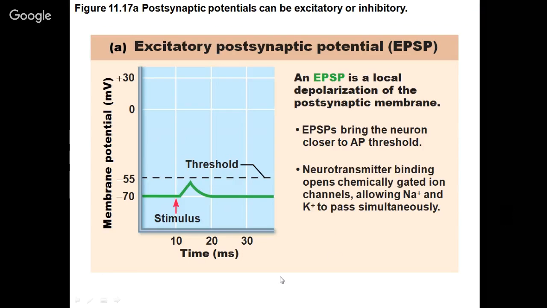Here it is being shown in a graph. Here is the time, the membrane potential in millivolts, and this is the stimulus, and this is the threshold level. Sodium getting in causes the membrane potential to be less negative. That's why it goes towards minus 55, and it's reaching the threshold level. So in this case, it has not reached the action potential yet. It's closer to the action potential threshold.